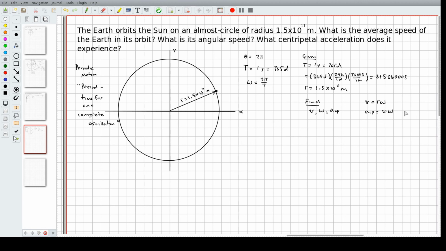All right. So omega here is going to be 2 pi over the period. It goes 2 pi radians for every 31,536,000 seconds.